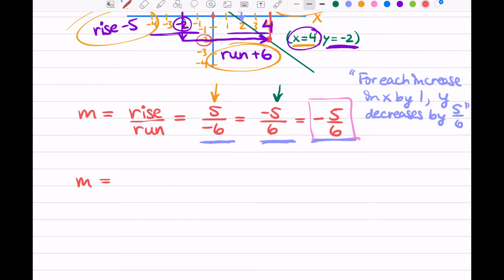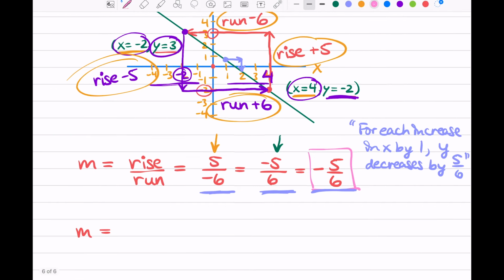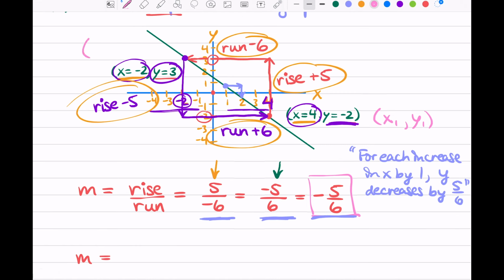Another way to think about that is if we, let's say instead of this point here, x equals 4, y equals -2, let's just call that x1, y1, just making it general. And the other point is going to be x2, y2. So it's our second x and our second y. Let's think about it that way.